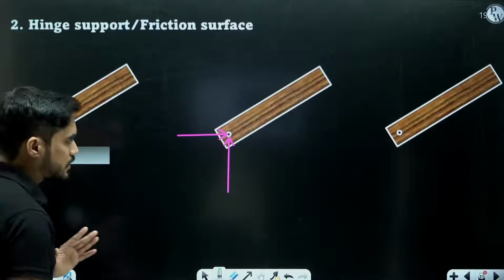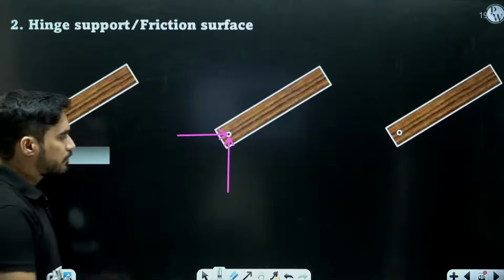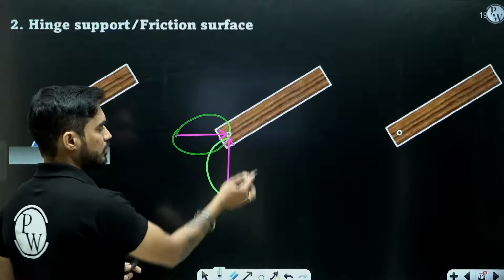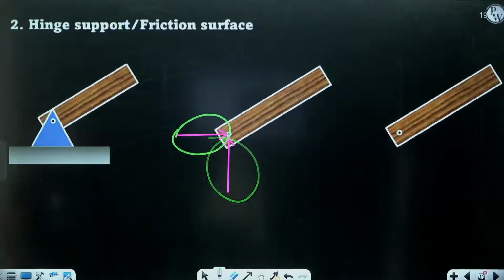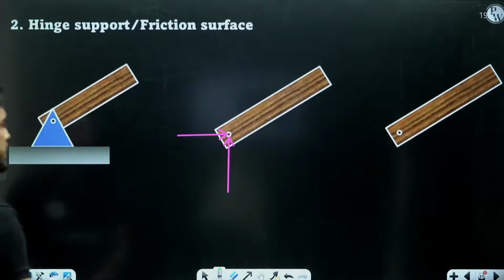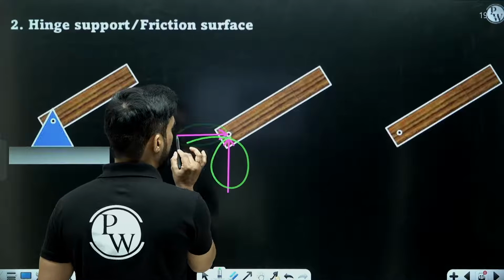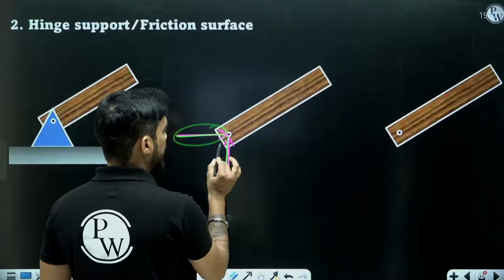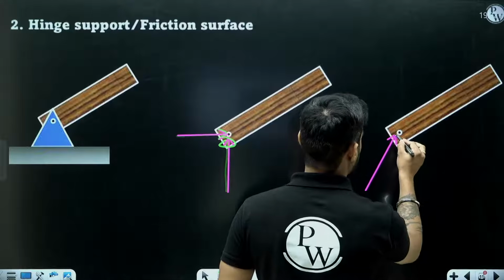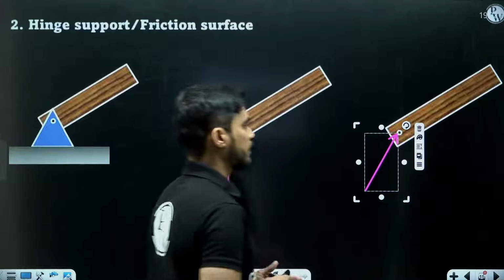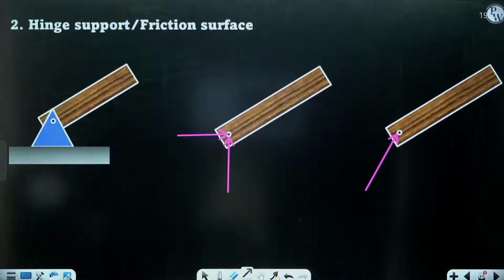Now understand this. Whenever we get a hinge support, we get two forces. But in some cases, in order to reduce the number of forces, we consider the resultant of these two forces. Right now I have a reaction in x and a reaction in y, but in some cases we replace these two forces with the resultant of both these forces.